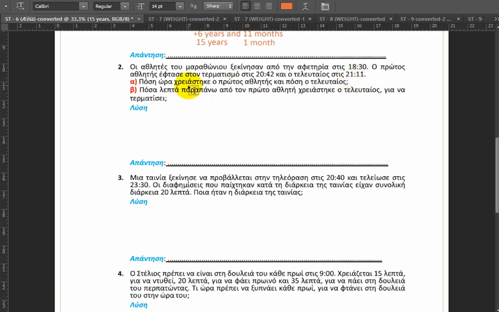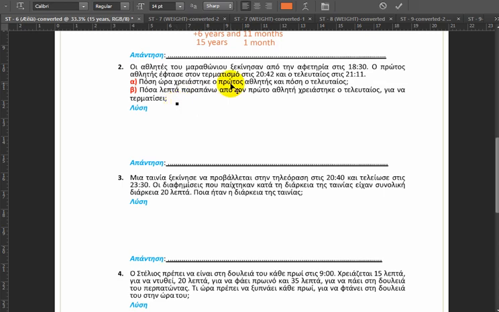So it asks basically how much time did the first athlete and how much did the last athlete need. So we need to find the difference basically between the starting time and the finishing time. And then it asks us to find how much more time the last athlete needed compared to the first athlete. So then we need to find the difference between the first answers.